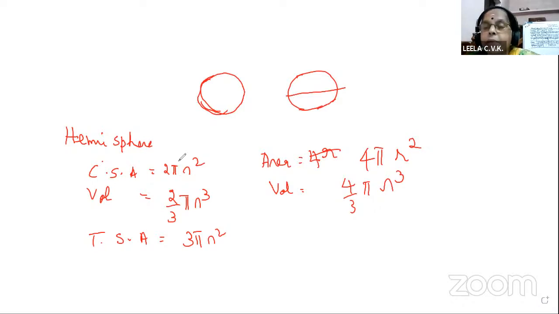Only one more is remaining. From your examination point of view, sample paper and that type of question is not there, but still I'll just explain once. See, if the cone is cut, the bottom part we get is known as frustum. I'll rub this and show you that also.